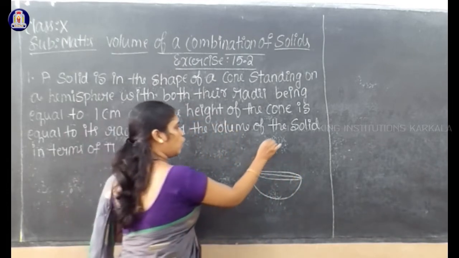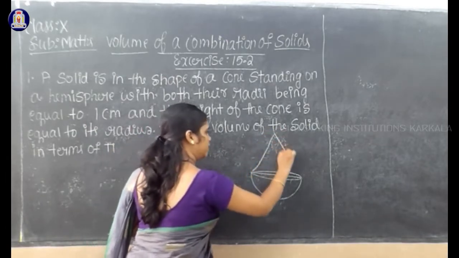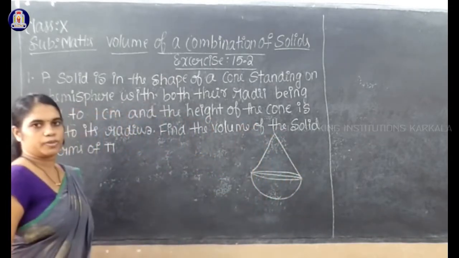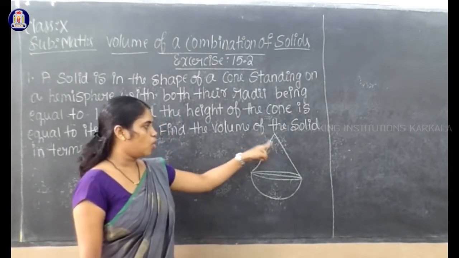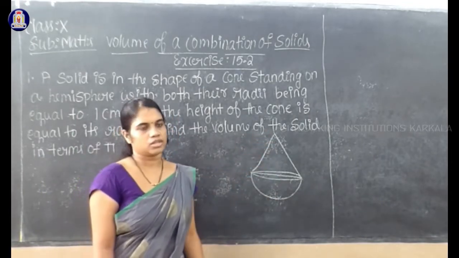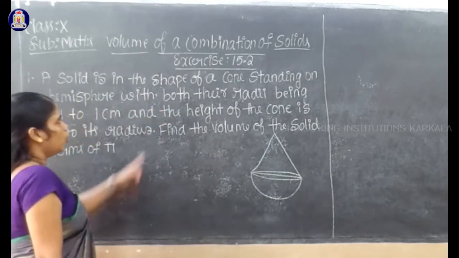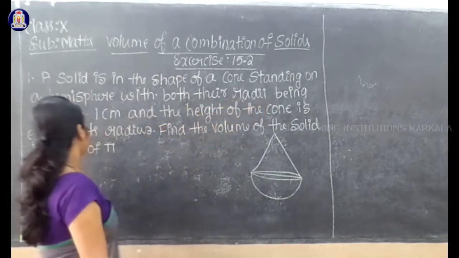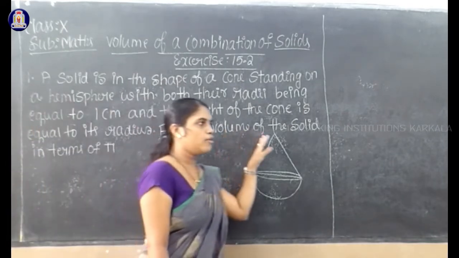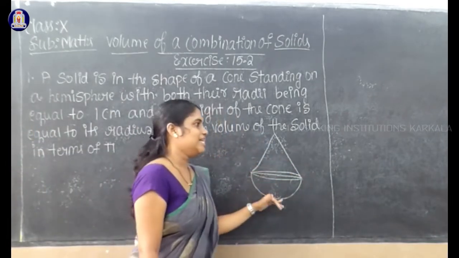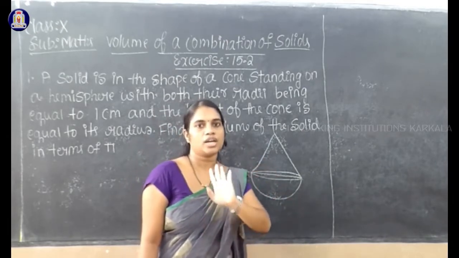A cone is standing on the hemisphere. This is the cone which is standing on the hemisphere. Also given both their radii being equal to 1 centimeter. That means the radius of the cone as well as the radius of the hemisphere are both equal.